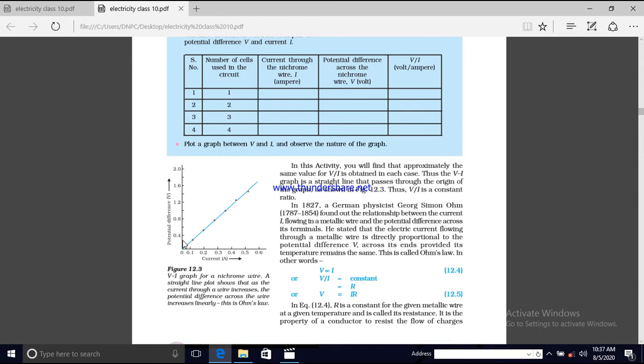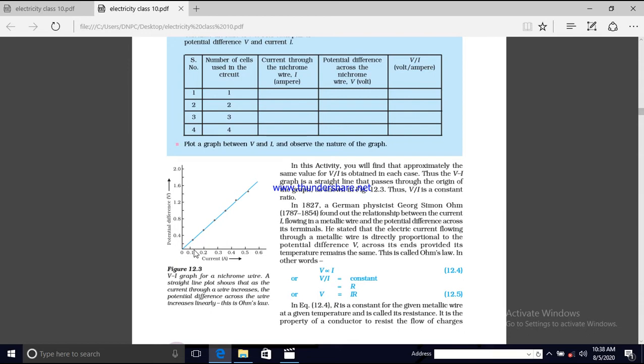This is the first point when you included only a single cell in the circuit. When you included only a single cell, the voltmeter reading was approximately 0.3 volt, and the corresponding reading in the ammeter was approximately 0.12 something.